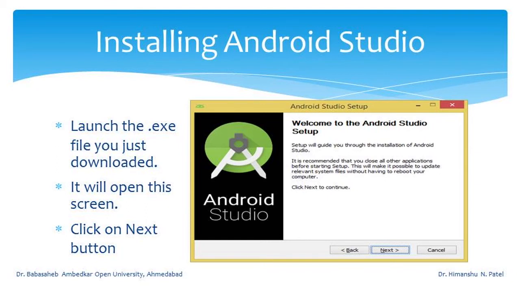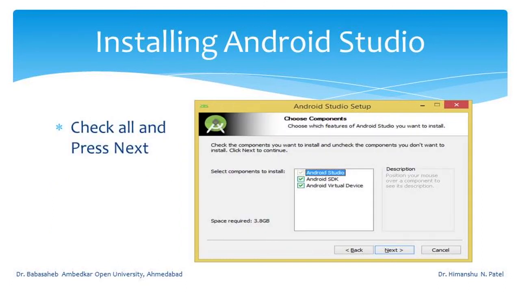Here you have one option called next button. When you press the next button, it will start installing Android Studio. You have to check all check boxes. It also shows how much space is required for installation when you select all these options, and then you have to press the next button to proceed further.